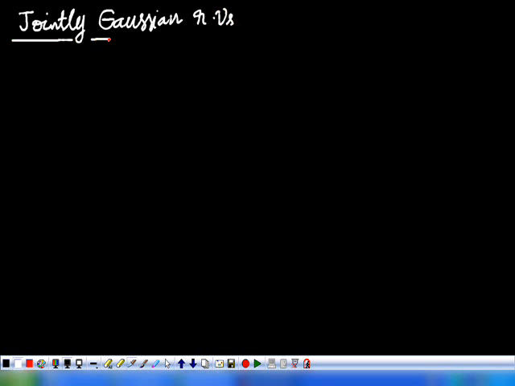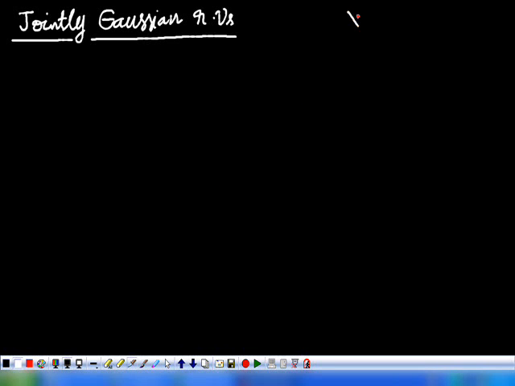Now we study jointly Gaussian random variables and some of the properties of the Gaussian random variable. We already studied the Gaussian random variable.